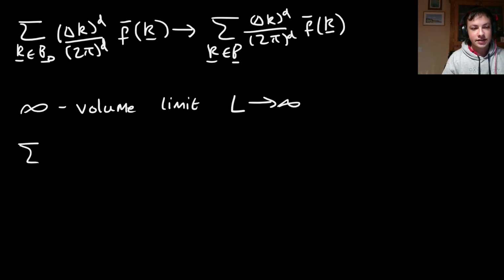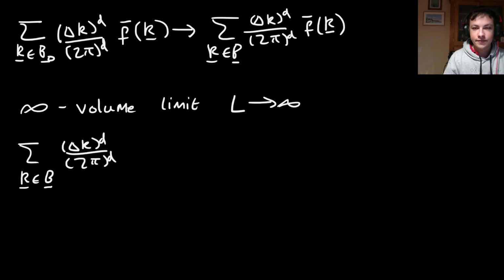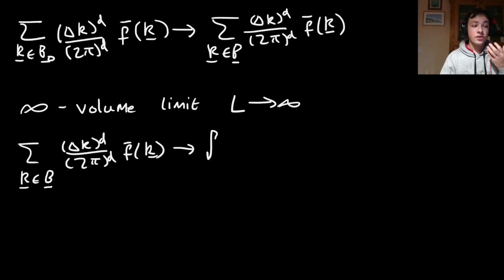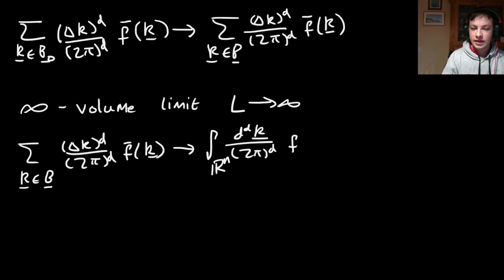And so the sum over k in B naught, or just in B for now, of delta k to the d over 2 pi to the d, f bar k is going to go to the integral, and this is now going to be over all of real space, of d dk over 2 pi to the d, f bar k.